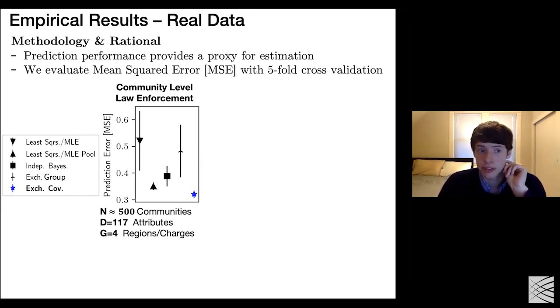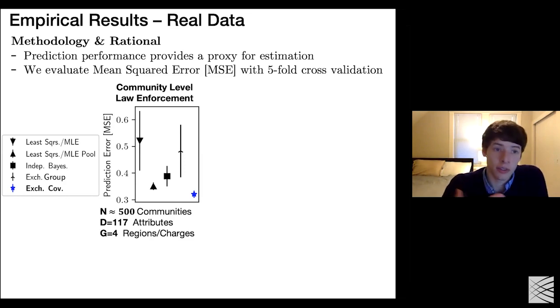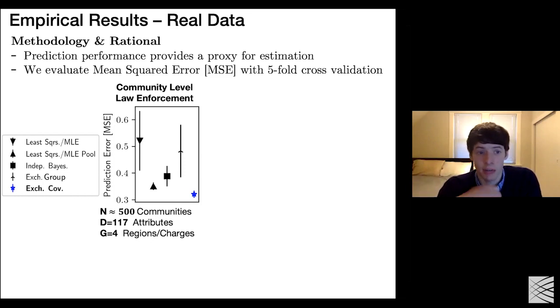The first is an example of using linear models to relate community level rates of law enforcement with mostly demographic attributes of these communities, with communities split across 4 different regions of the country: the East, West, South and Midwest.